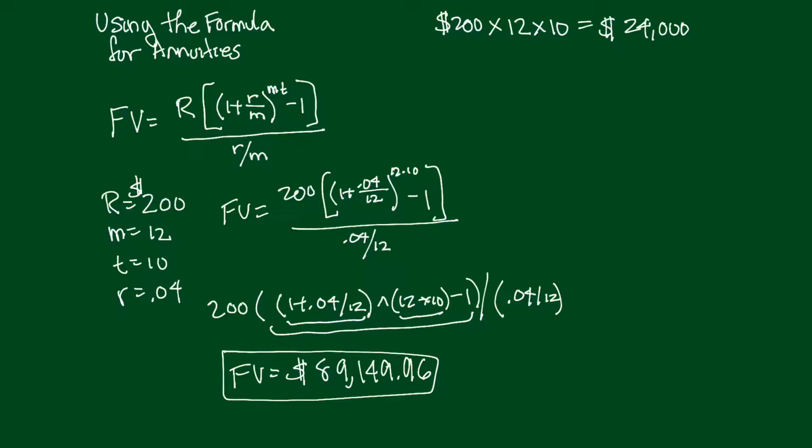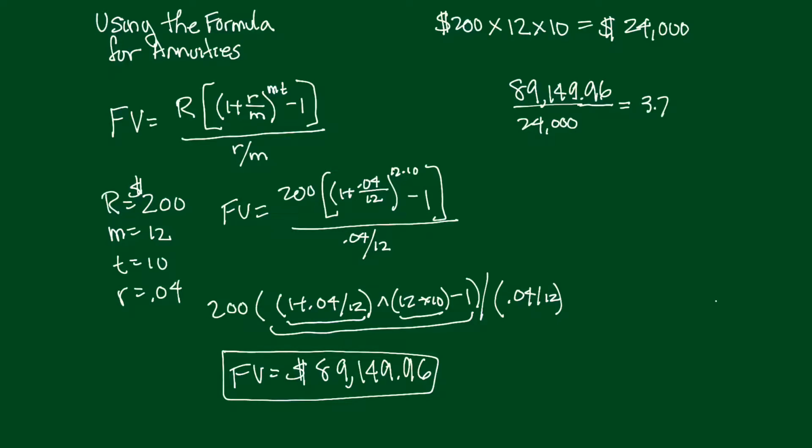But if we can get this account that we were talking about, where we can get 4% interest and put this $200 in at the end of every month, at the end of 10 years, we'd have $89,000. And just out of curiosity, if we make this division, this is going to come out to be about 3.7.